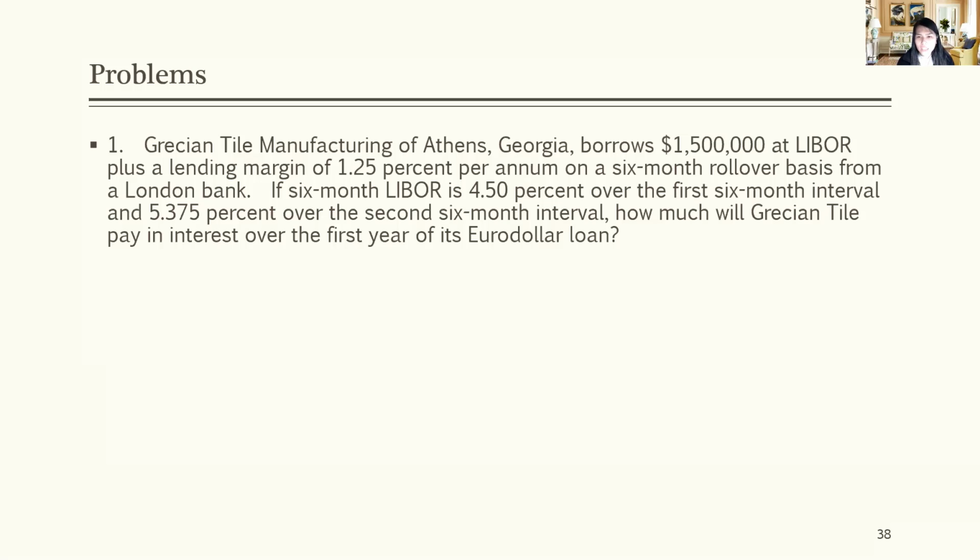So the question here is, if this is the funding structure of the company, how much interest have they paid over the first year of the loan? This question introduces the euro-dollar market, the interest rate market that we talked about before.